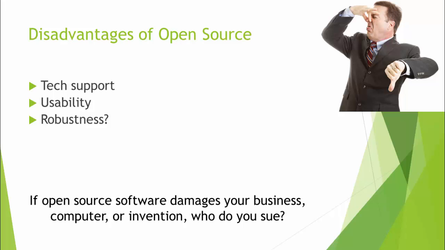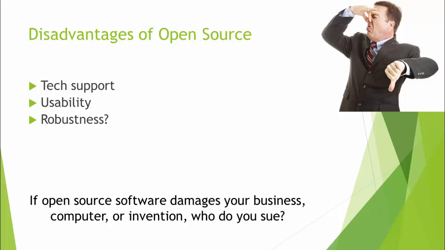There's another aspect of this. When you download open source software, part of the agreement to download that software and install it is that you absolve the developers of liability. So if you have a big business and a bug in open source software you've decided to use costs you $100 million because the plane that you develop has a significant design flaw, well, who are you going to sue?